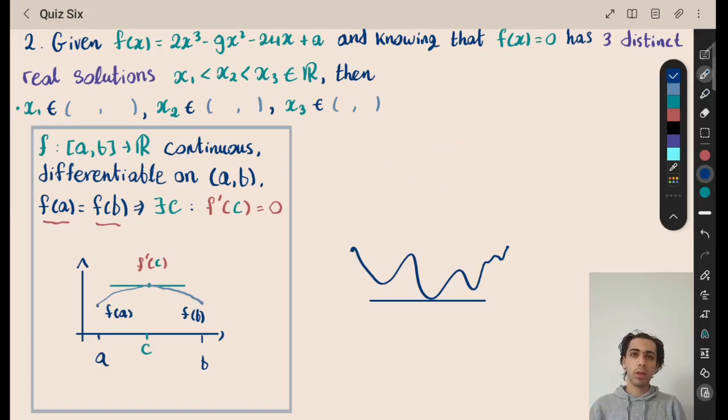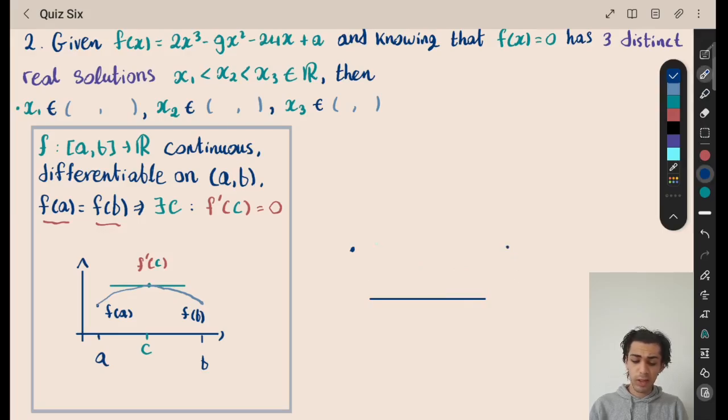That's the conceptual understanding that I would like you to have. There's of course the case where it's just a constant function. In that case, the function is not really increasing or decreasing, but it's nice because we have infinitely many points for which the derivative is 0, namely all the points in the interval. So that is also a good visual image to have.